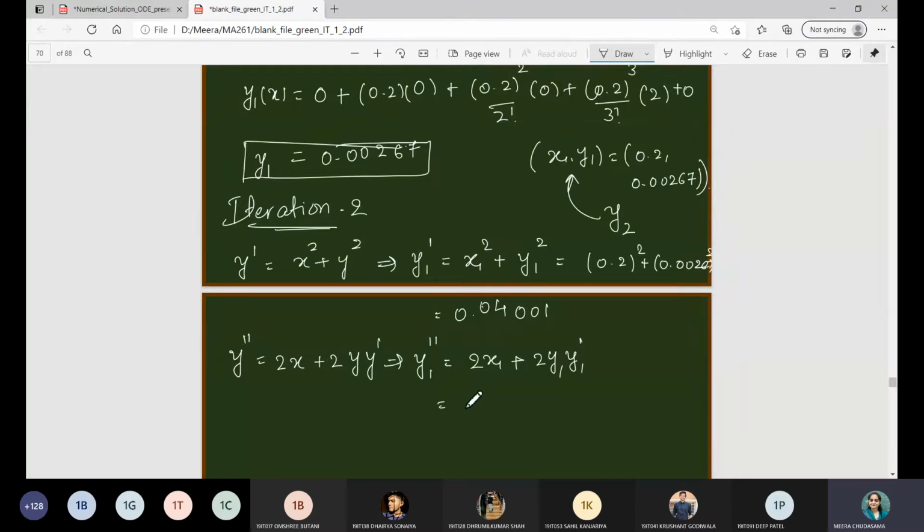2y1 dash. So it is 2, x1 is 0.2 plus 2 y1 dash, that is 0.04. Sorry, y1 dash is 0.4 and y1 is 0.00267. I have just taken the reverse order values.